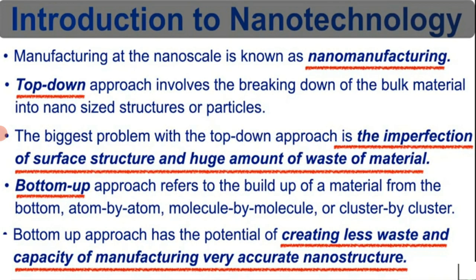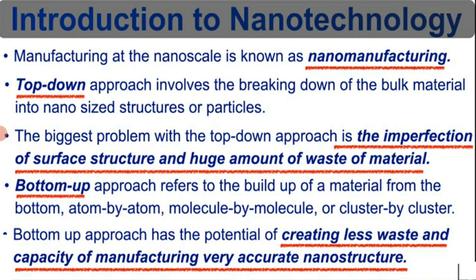Manufacturing at the nanoscale is known as nanomanufacturing. The top-down approach involves breaking down bulk material into nano-sized structures or particles. The biggest problem with the top-down approach is the imperfection of surface structure and a huge amount of wasted material. The bottom-up approach refers to building up a material from the bottom, atom by atom, molecule by molecule or cluster by cluster.